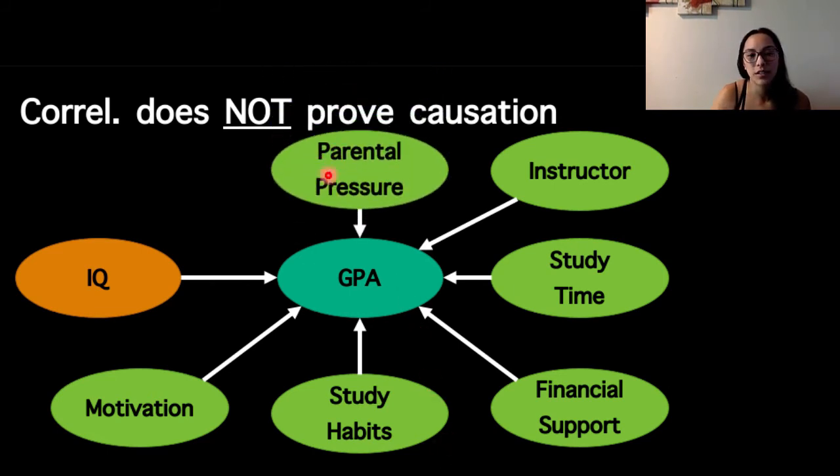And then there could also be parental pressure, right? This is not an exhaustive list of variables that could affect GPA. It's just to kind of give you the idea that we can never say that a relationship proves that there is a cause and effect between two variables, because there are more players that need to be considered.